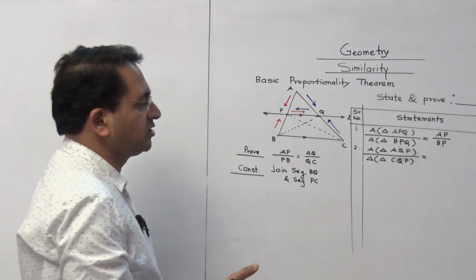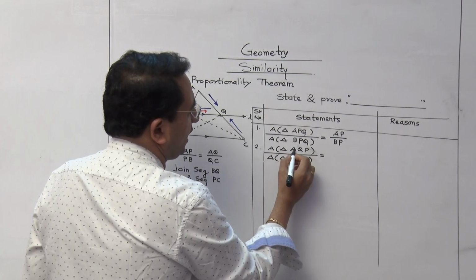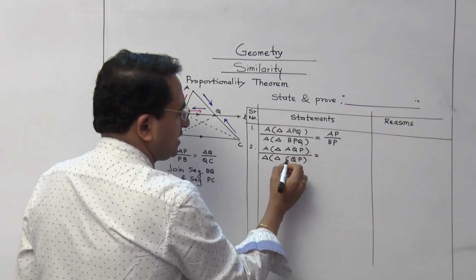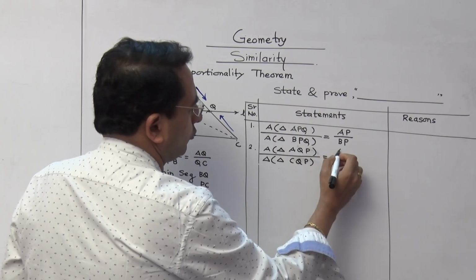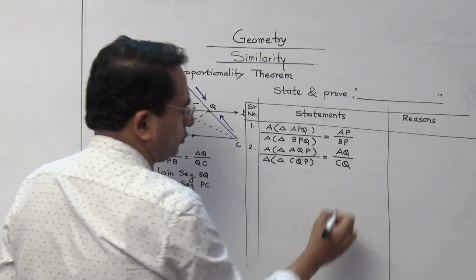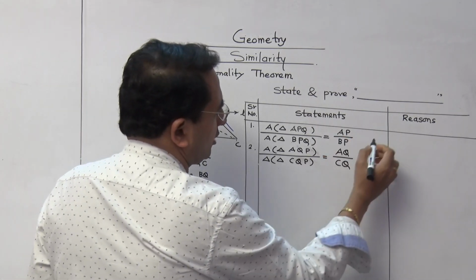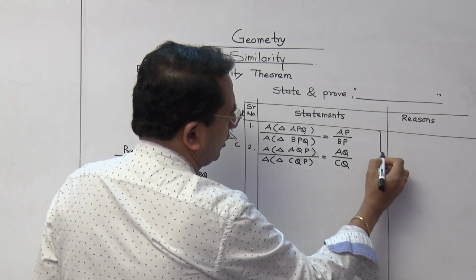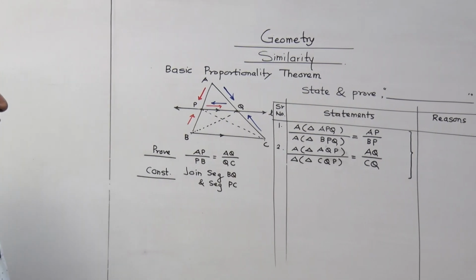Therefore, their areas will be proportional to their corresponding bases. So for AQP and CQP, forget the last letter. So we can write this part as AQ upon CQ. Now what is happening here? Both the statements have the same reason. That reason you have to write. What will you write as a reason?